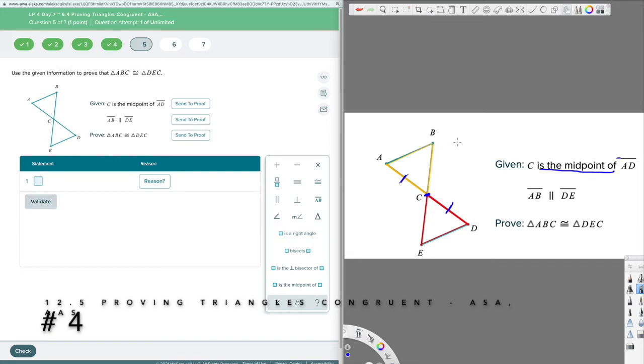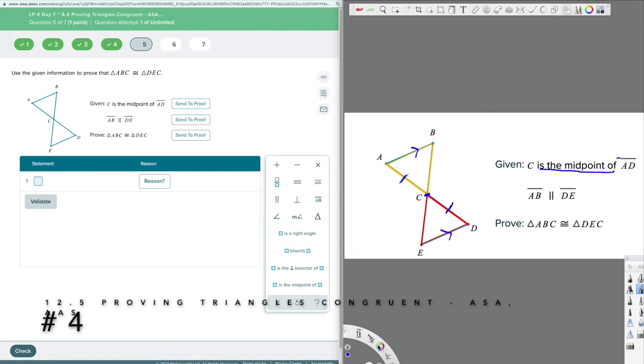The other piece here that I'm given is that AB is parallel to DE. Well, what does that do to my diagram? What can I prove using that? There are a couple of ways to attack this problem. I can focus on the parallel lines and use alternate interior angles.